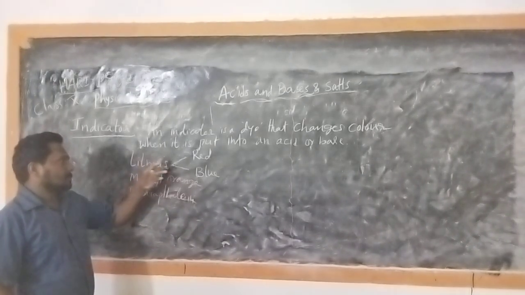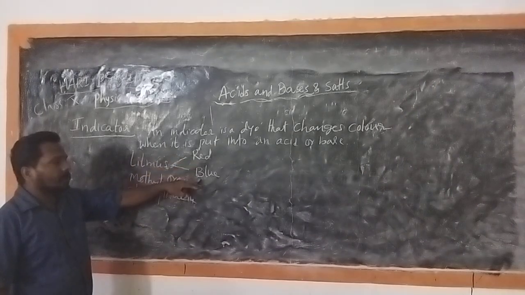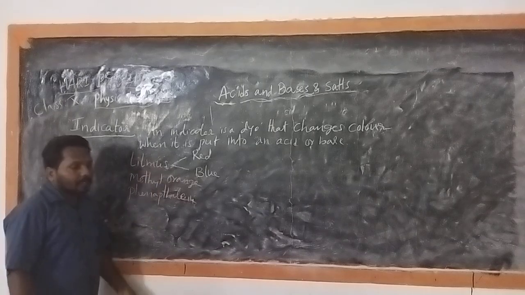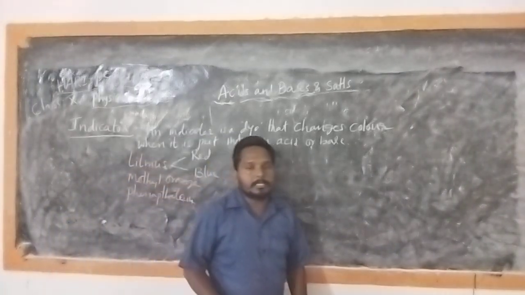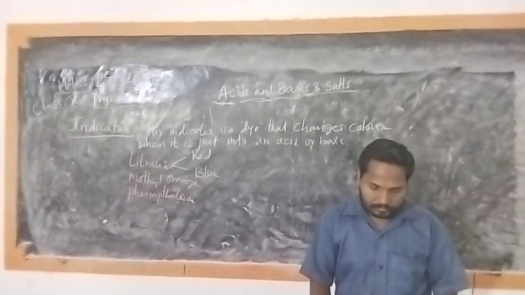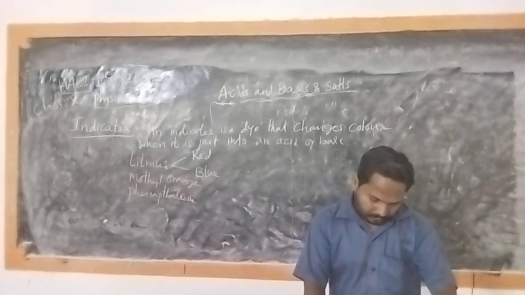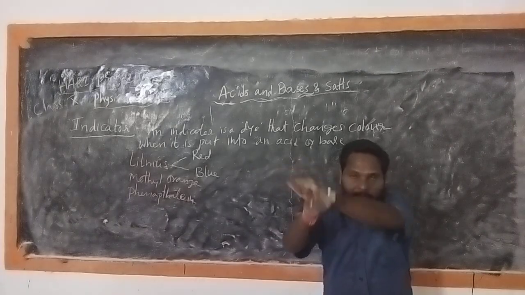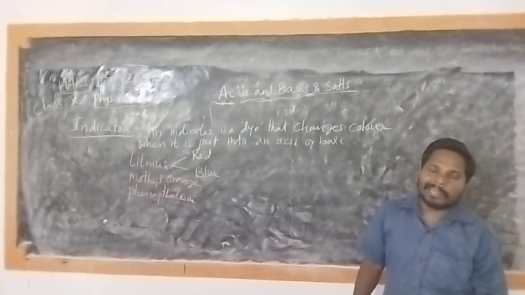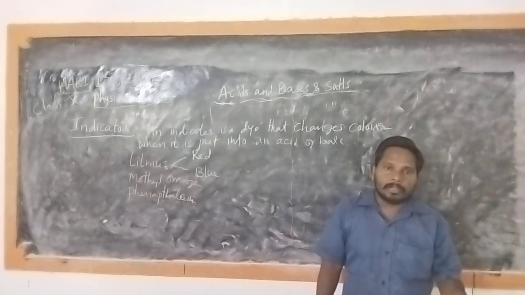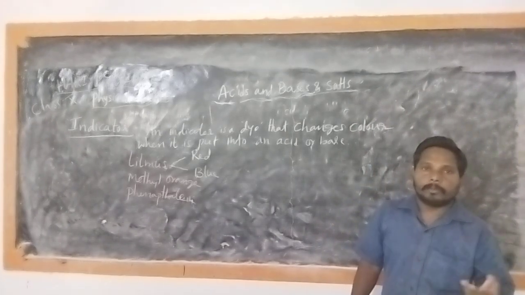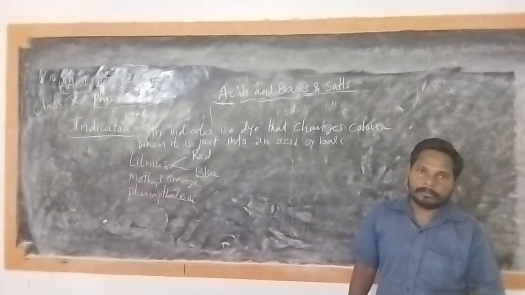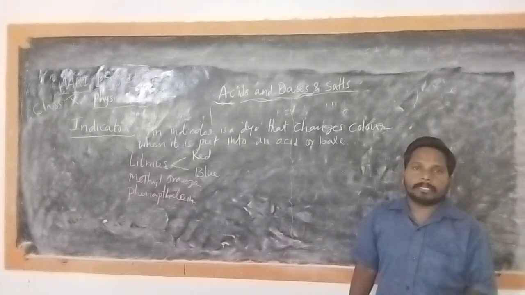So litmus has two types, red litmus and blue litmus. As you know, an acid turns blue litmus to red, and a base turns red litmus to blue.